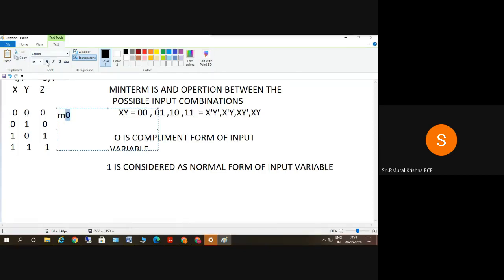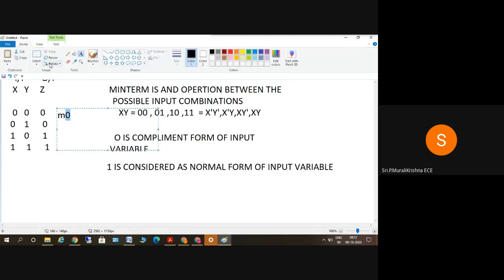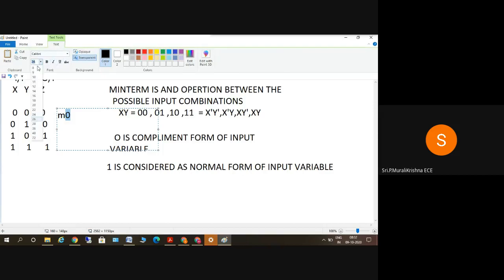Next, the 0 1 combination is m1, 1 0 is m2, and 1 1 is m3. These subscripts represent the value of the input combinations.